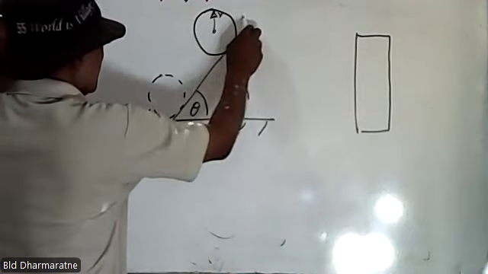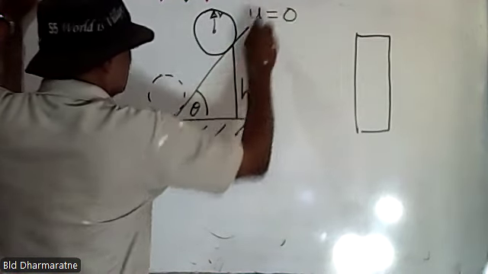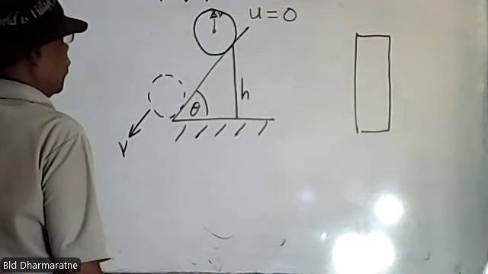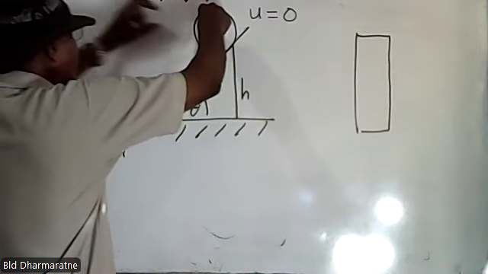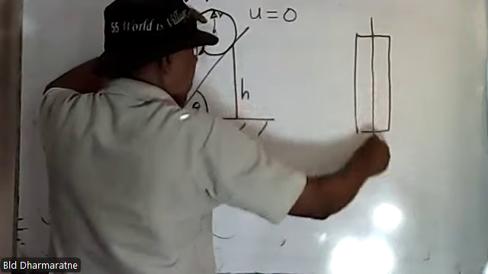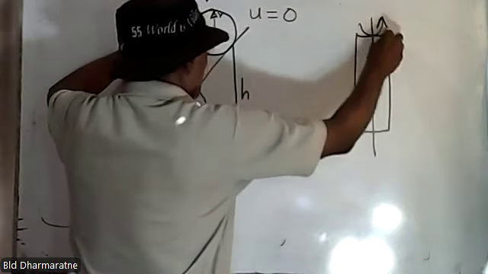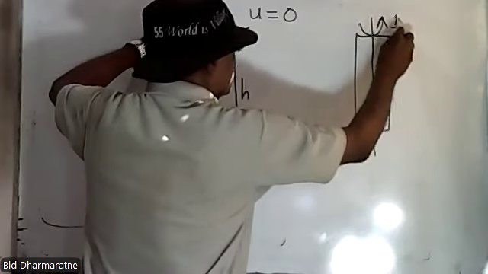Initial velocity is equal to 0, u equals 0. And the moment of inertia I is about this perpendicular axis.